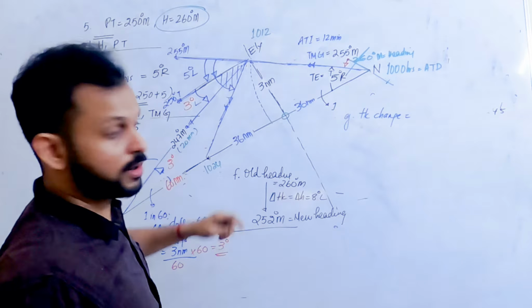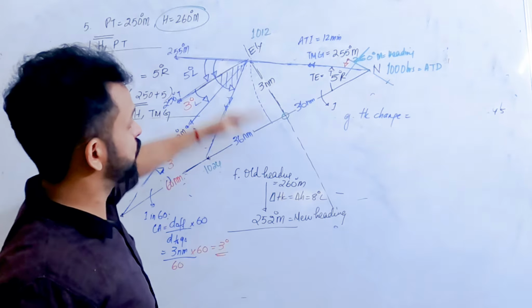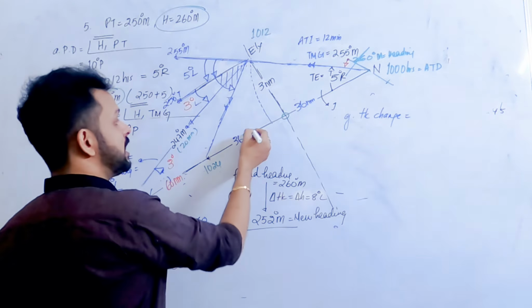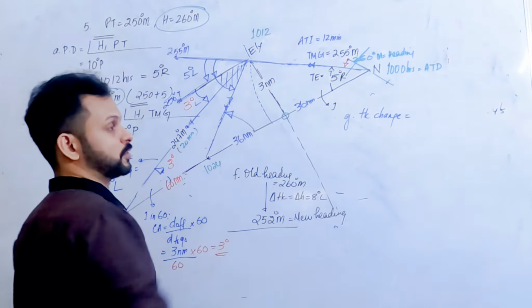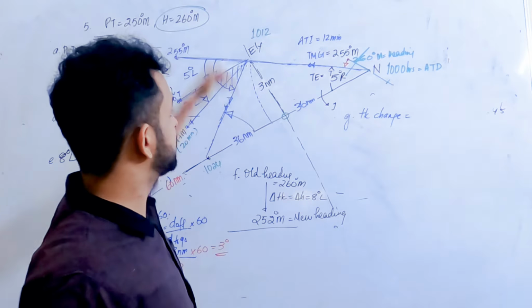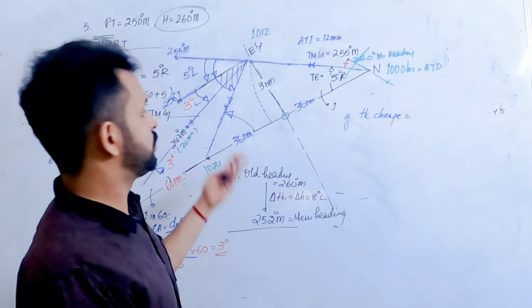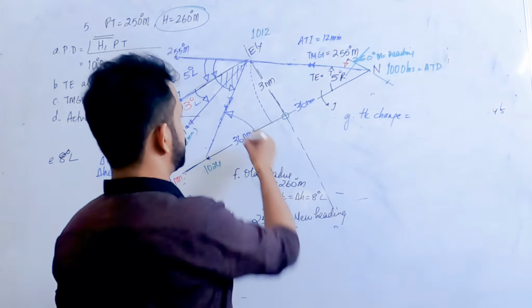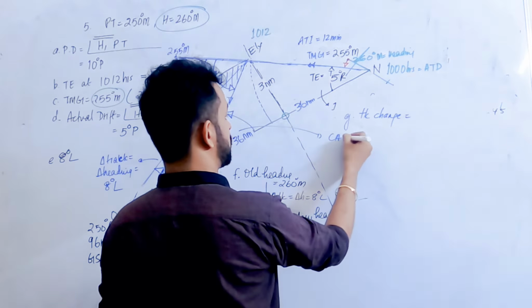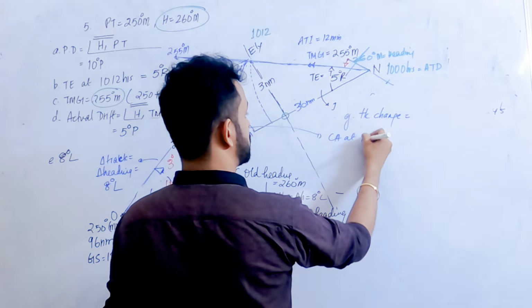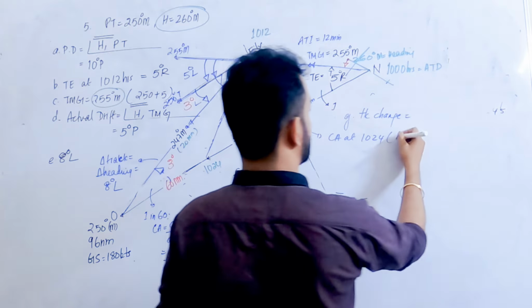And if you look at this figure, just like we did in the previous case, you have these two parallel tracks cut by a transversal, and therefore that angle is nothing but this particular angle here. And it's pretty obvious that this is going to be the closing angle towards the interception. So how do you find the closing angle? That's just like the normal way, closing angle over here at 1024. This is for re-interception.